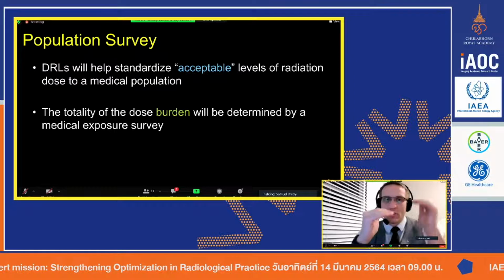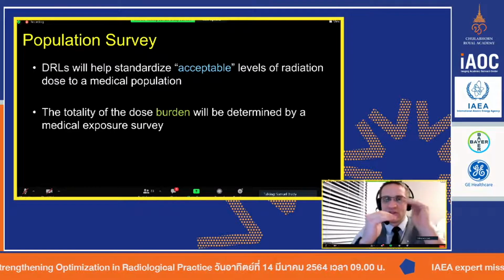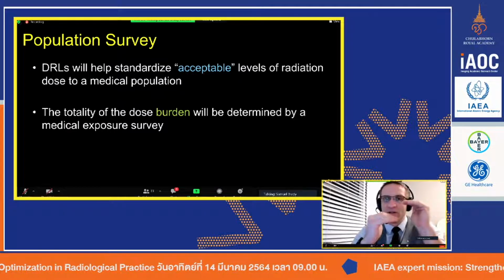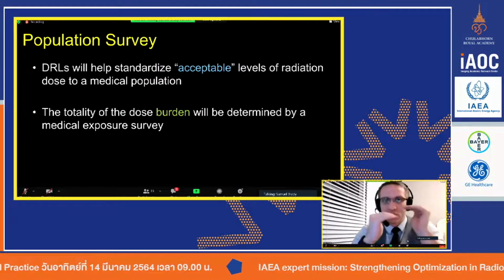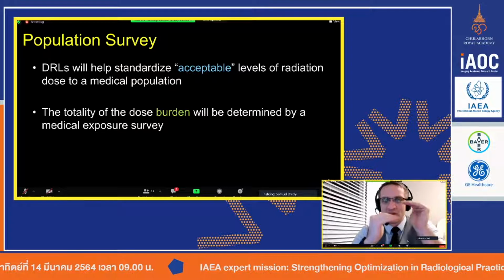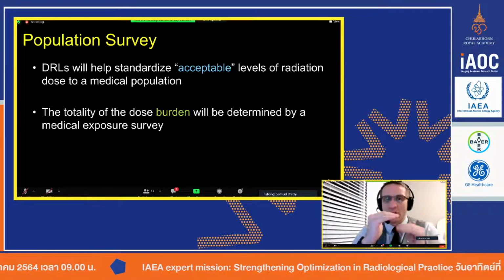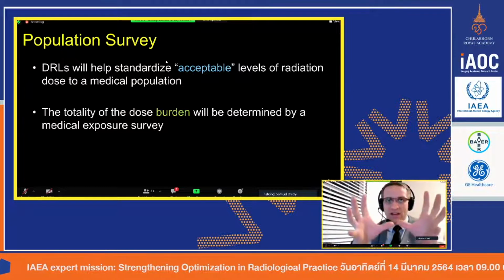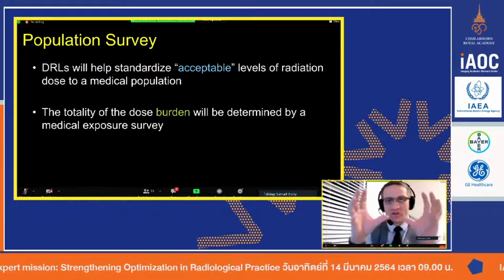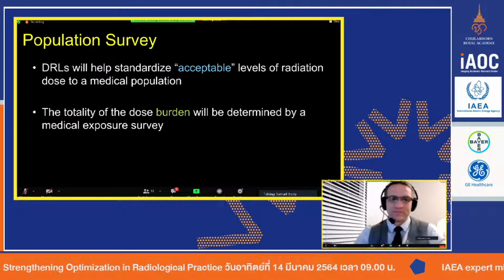And so if you're above that value, you have to ask yourself, is there a reason why I am above that value? If there is a reason, then you're okay. But if there is not a good justification, then we know we can lower it. And that becomes this idea of moving all of the Thai imaging towards an acceptably lower level.